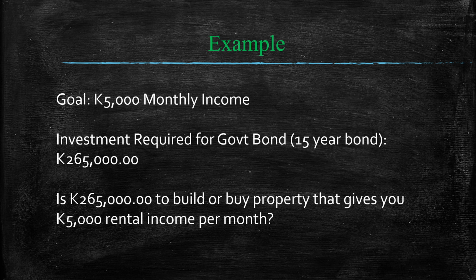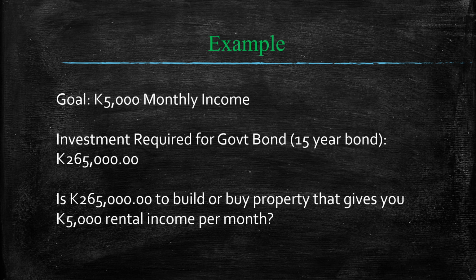So from 265,000 kwacha, you'll be able to invest in a bond that will give you a monthly income of at least 5,000 kwacha net. That's after you've removed the taxes and all.